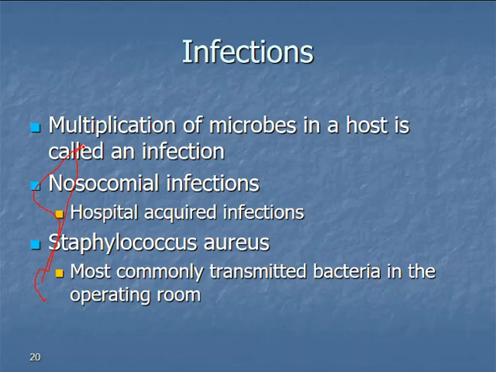And so that's one of those things where we really want to be very meticulous with our aseptic technique, with our preps. And as you get to chapter 12 and talk about draping, we'll talk about Ioban, which is a sticky iodine coated plastic drape that we'll put over the area where we're going to be making the incision. We call it an incise drape because we cut through it.